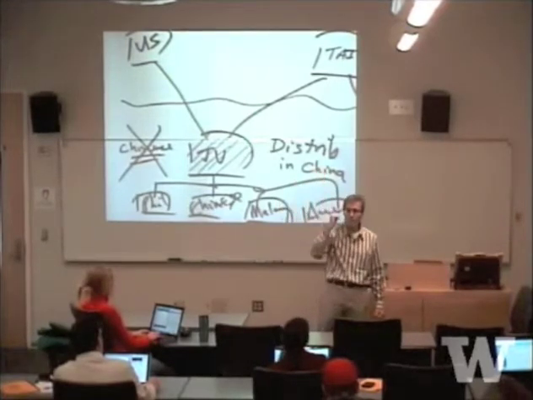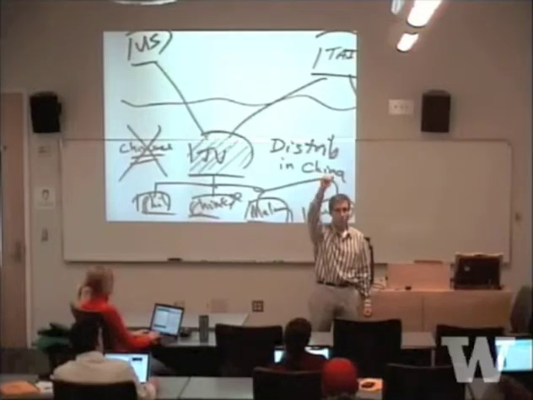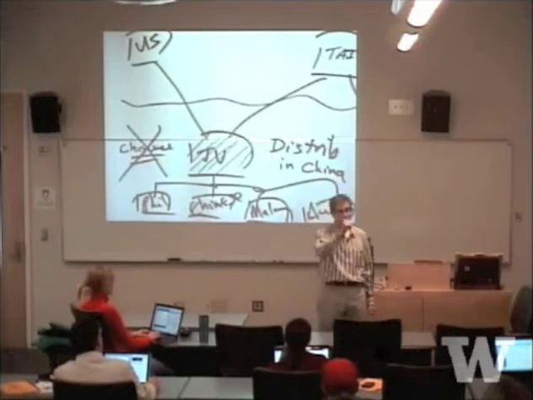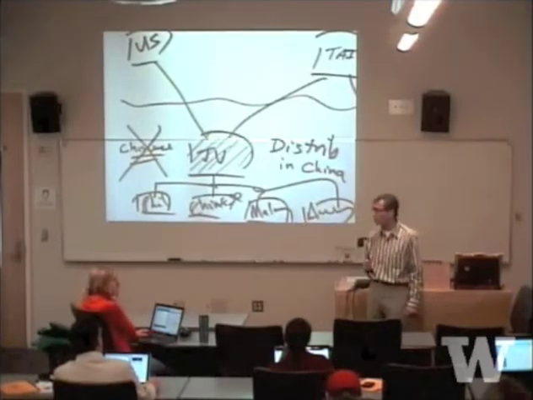Parent company, U.S. company, subsidiary outside the U.S. Parent company outside the U.S., subsidiary outside, company in the middle in the U.S. Why is that normally something you don't want to do?